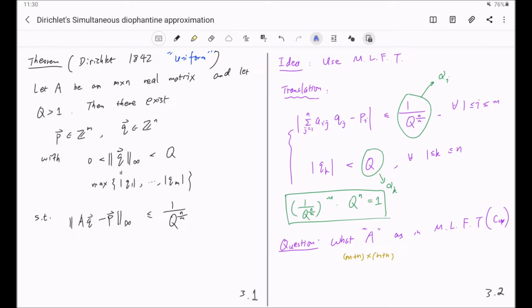The next theorem due to Dirichlet will be called the asymptotic version of Diophantine approximation. Instead of using this uniform constant Q, we're going to replace this by the norm of little q.